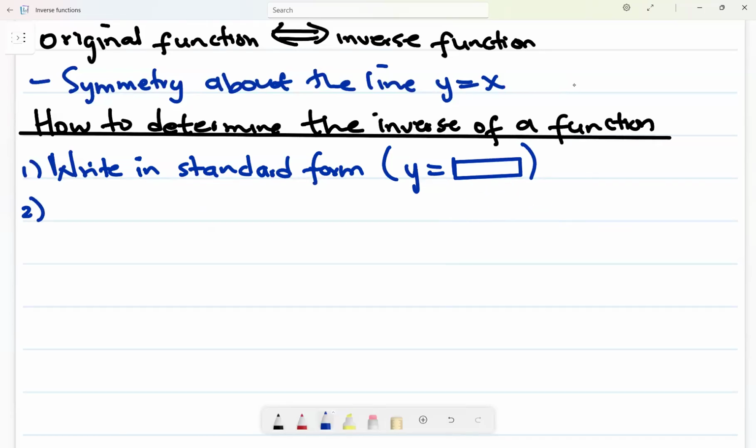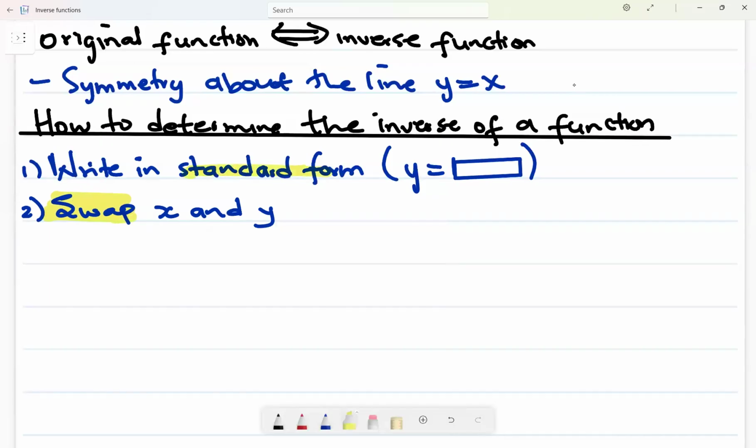On number 2, what do you need to do? You need to swap or interchange x and y. Very key: you swap x and y.